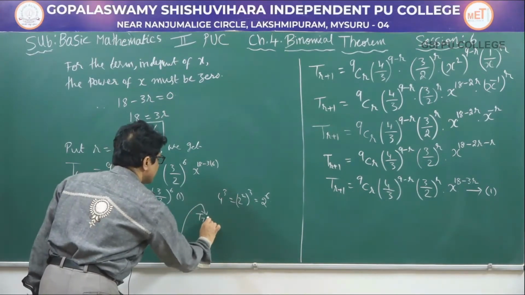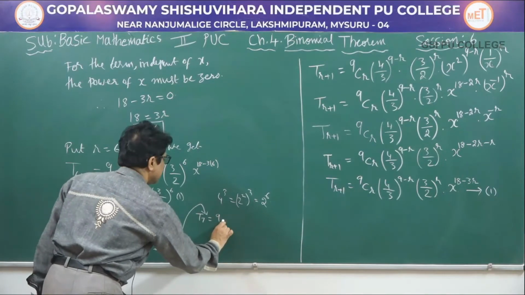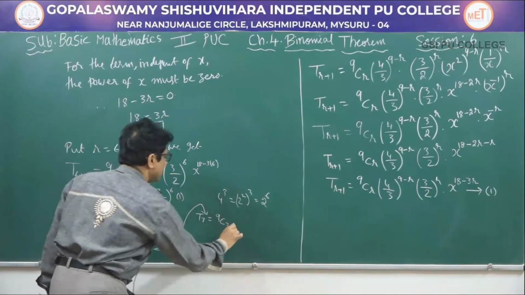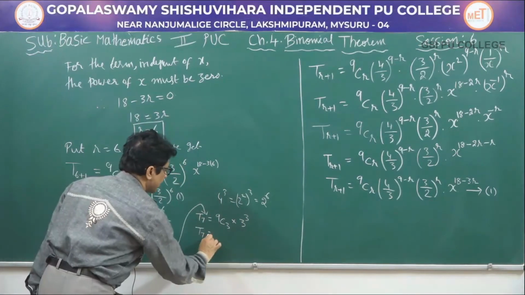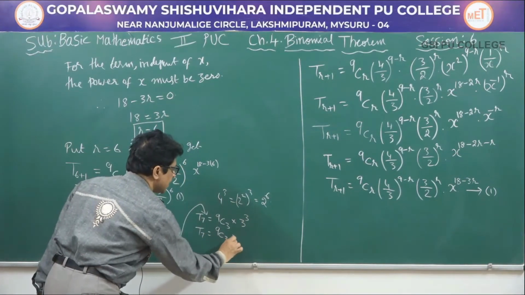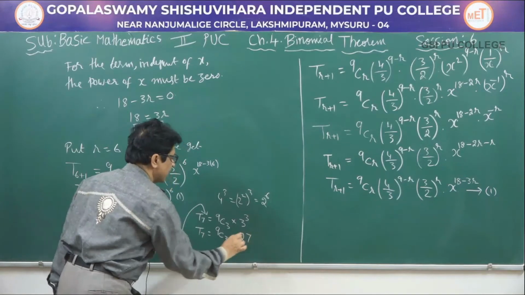So T7 is equal to 9C3 into 3³, which is 9C3 into 27.